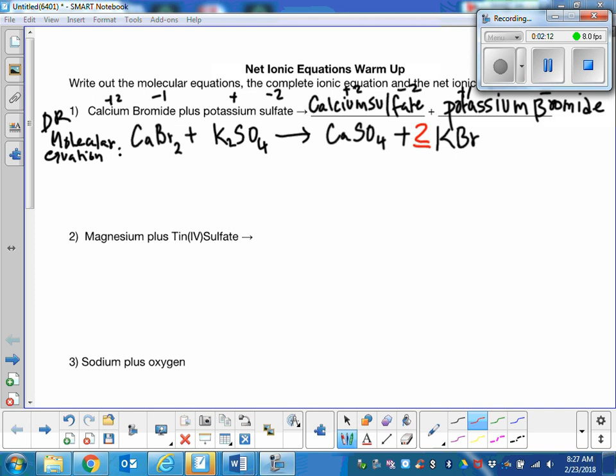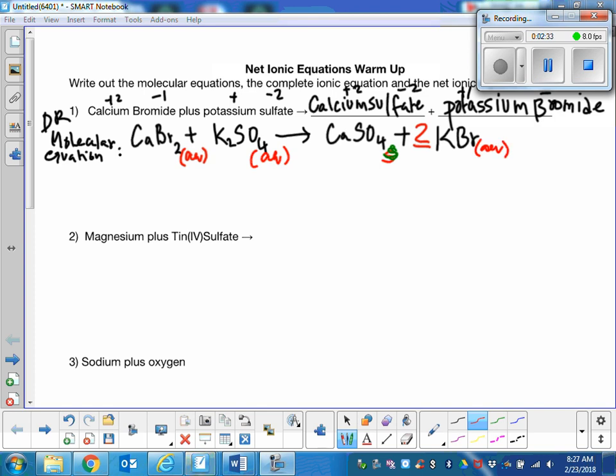So I have, this is aqueous, correct? Did you get this as aqueous? This will be a solid. Is calcium sulfate a solid? Right? And the last one is aqueous.